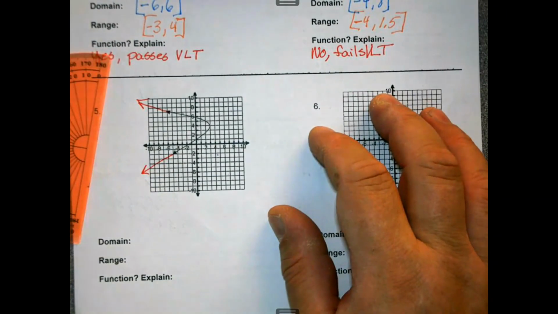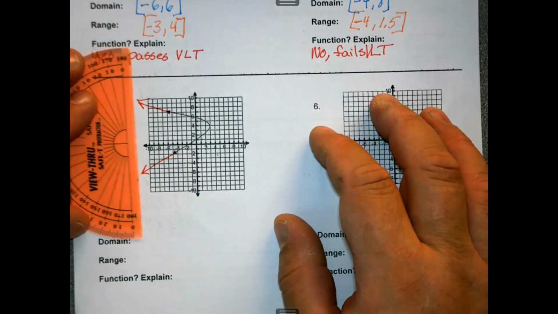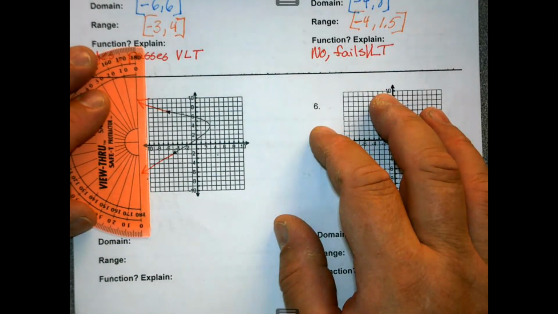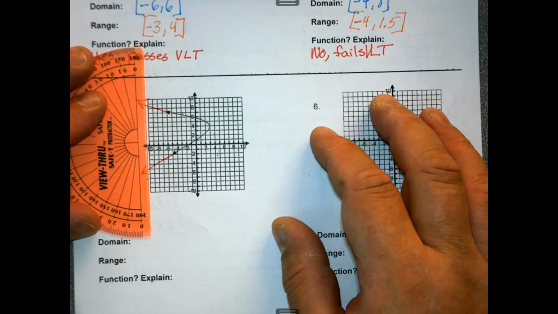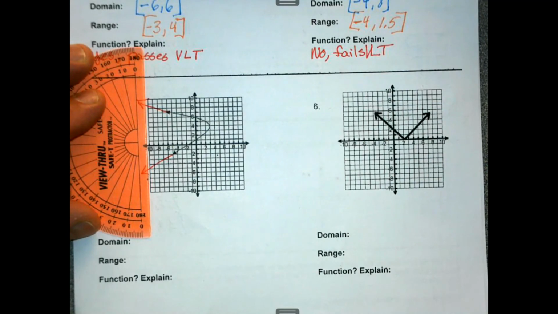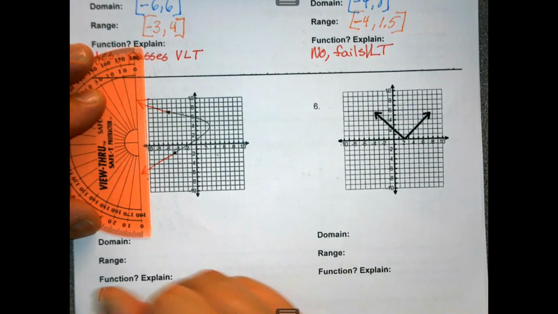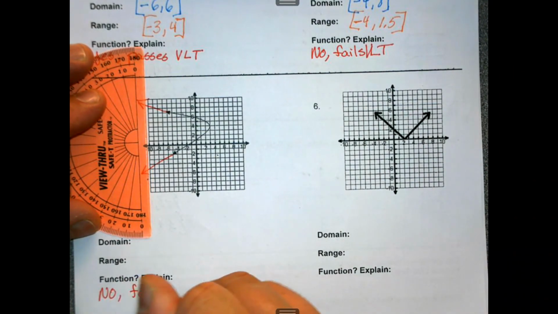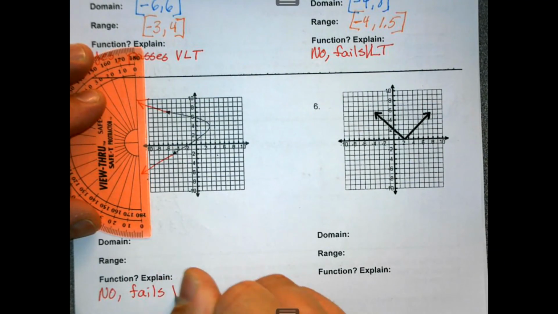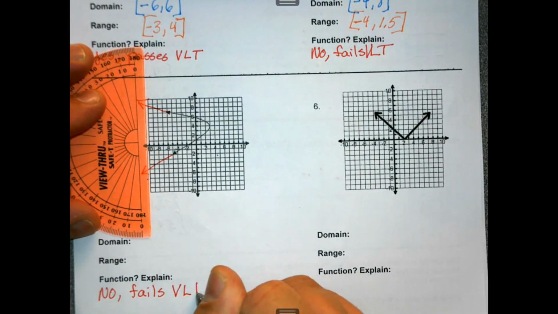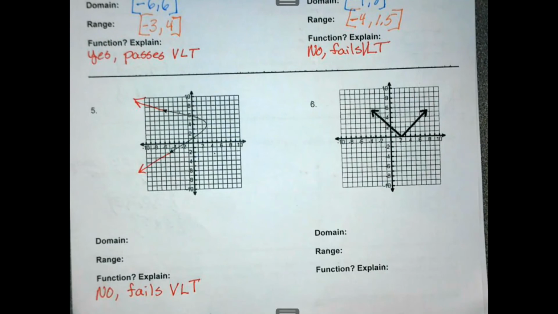All right. Vertical line. Again, right off the bat, it intersects at more than one point. So this is not a function because it fails vertical line test. I still have to come up with the domain and range though.